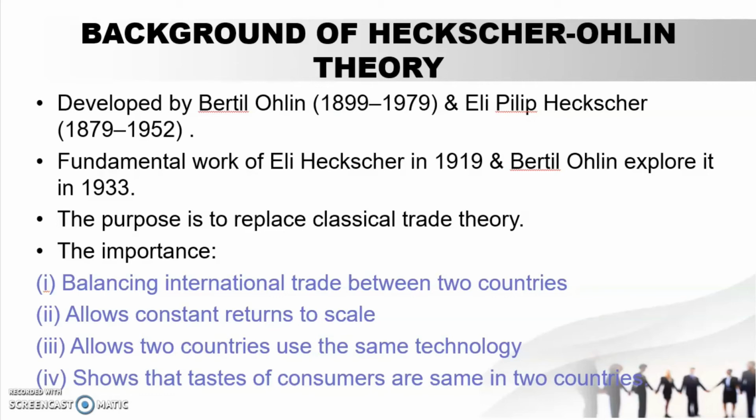So, producers use different production factors which are relatively cheaper in their own countries to minimize the production costs. Not only that, this theory also shows that tastes of consumers are the same in two countries. Tastes are equal in terms of demand preferences, as the shape and location of the indifference curves are the same in both countries.